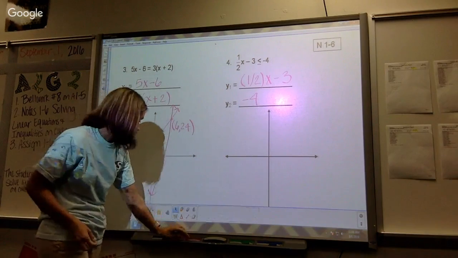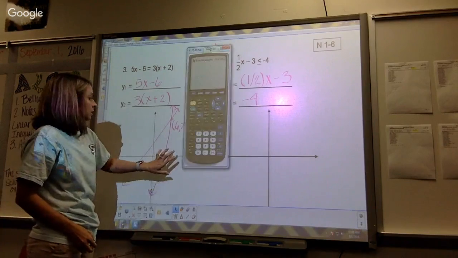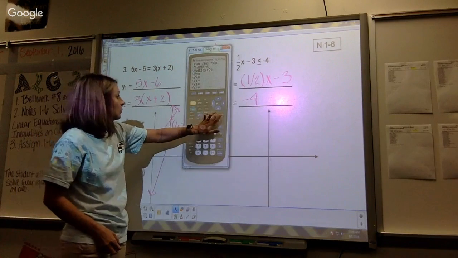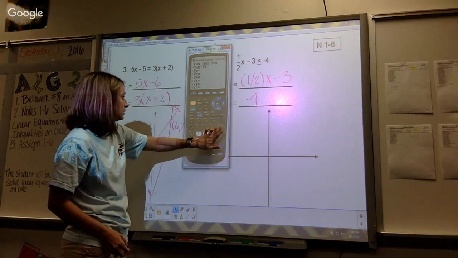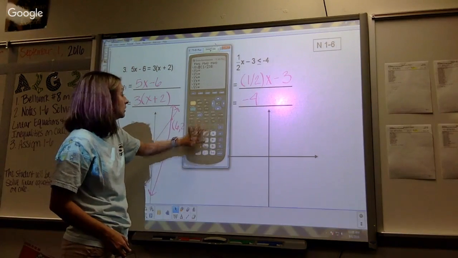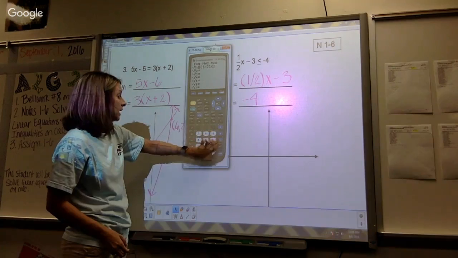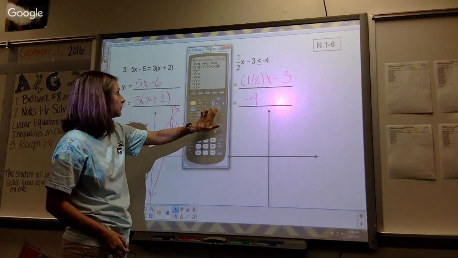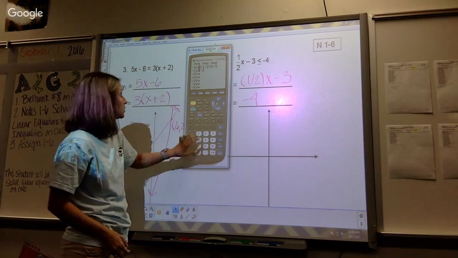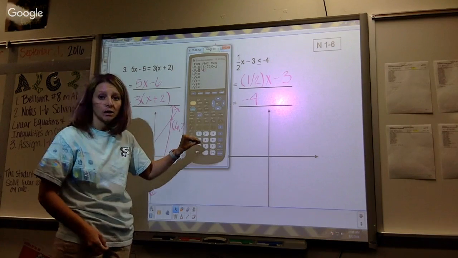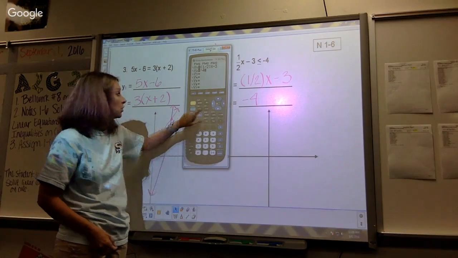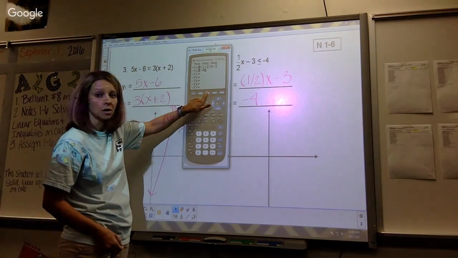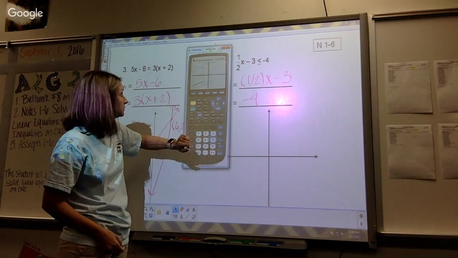So we're going to plug that into y1 and y2. So parentheses 1 divided by 2, close your parentheses, x minus 3, and then your y2 is negative 4. I'm going to go back. We adjusted our window, so I'm going to go back to that standard viewing window, which is zoom, the top middle, 6.